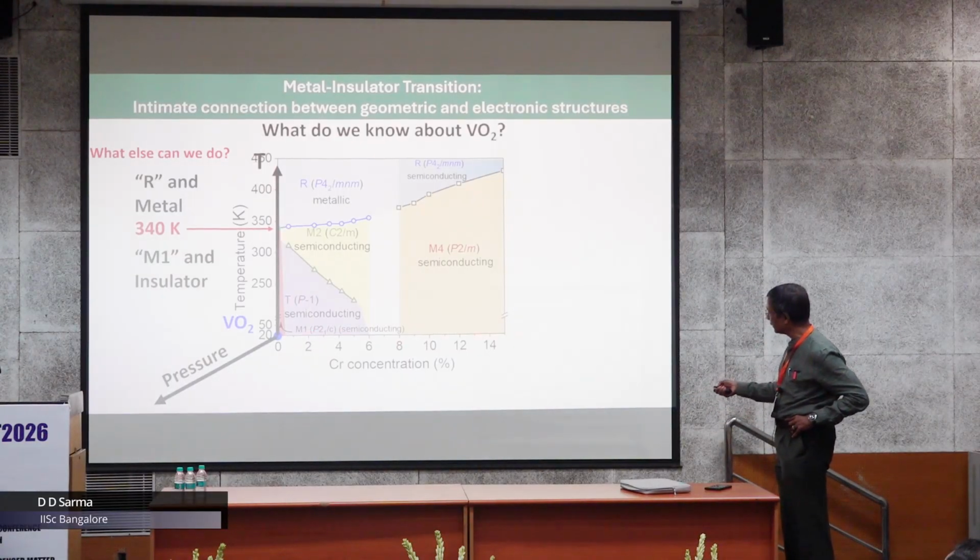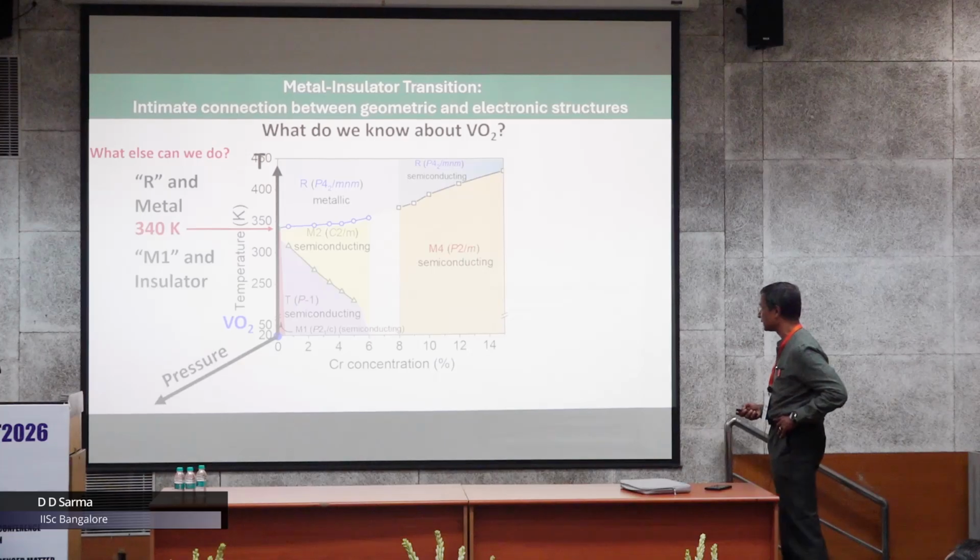And so chromium doping gives rise to a very rich phase diagram of different structure types as well as different conductivity types. So that is also another thing one can do.